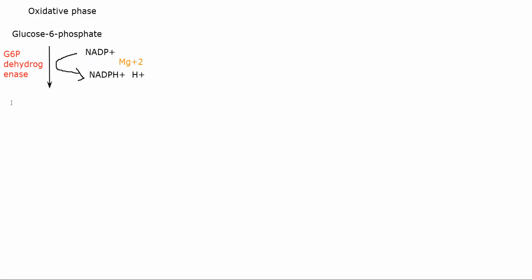Once you oxidize glucose 6-phosphate, you get a product called 6-phosphogluconolactone. So I'm taking glucose 6-phosphate, subjecting it to glucose 6-phosphate dehydrogenase, and hydrogens are lost to NADP plus, where the NADP plus is being reduced to NADPH and H plus.